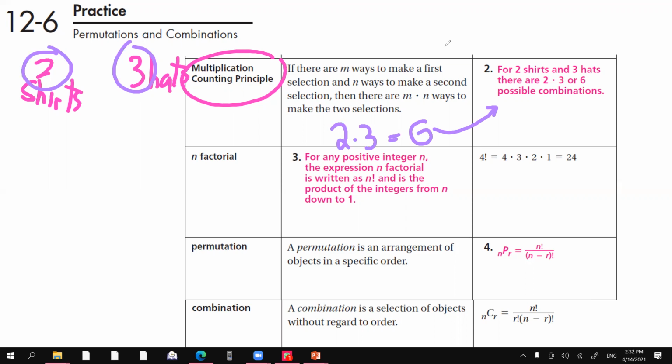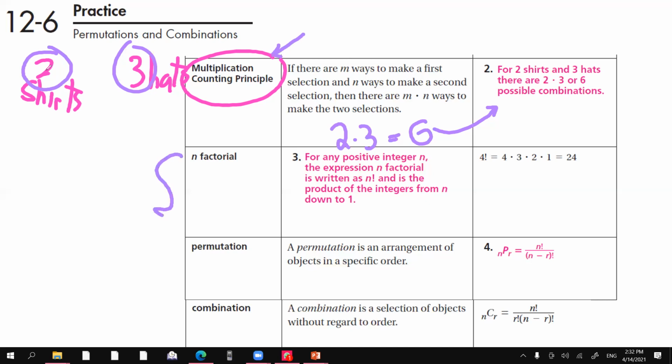As we said in our lesson before, if you go back to the videos, you will remember what I said. So I multiply the number of shirts by the number of hats in order to know how many outfits I can wear. Now, with n factorial, if I want to choose, I will use the multiplication counting principle.